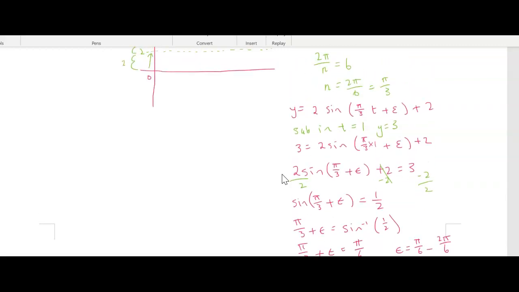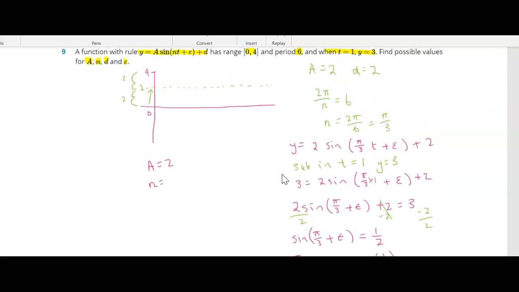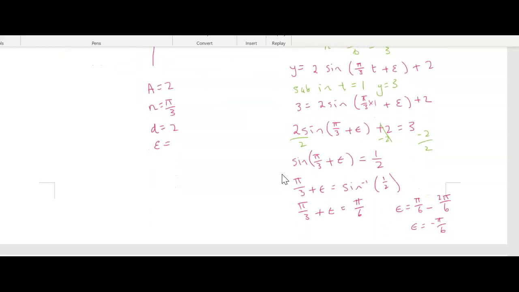I might just do a summary here. So a is 2. Our period was 6, but n was pi on 3. d, our vertical translation, was 2, and epsilon was negative pi on 6.